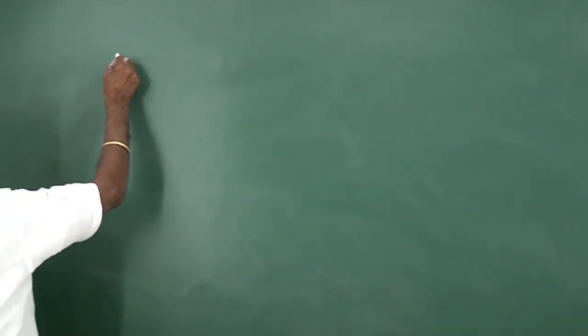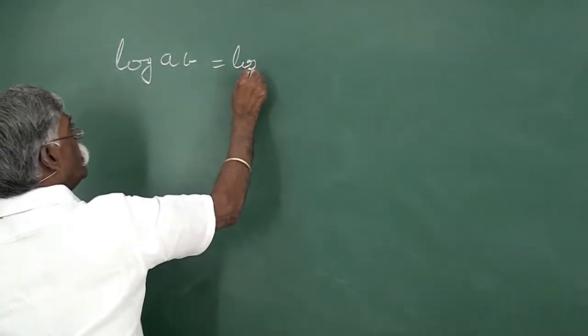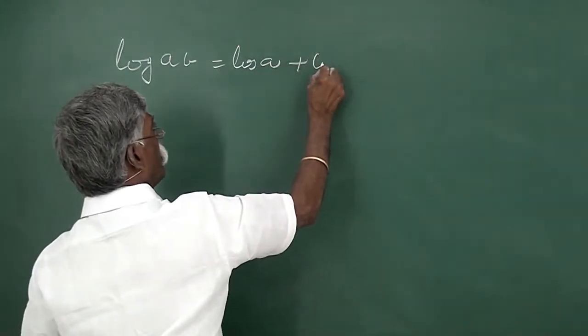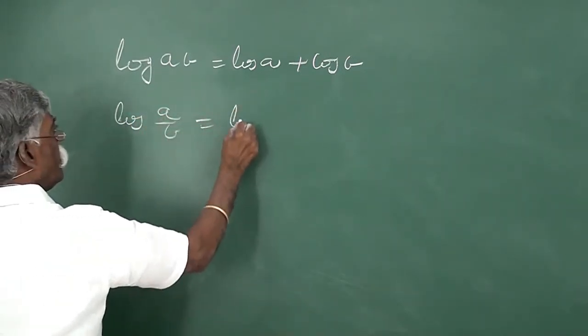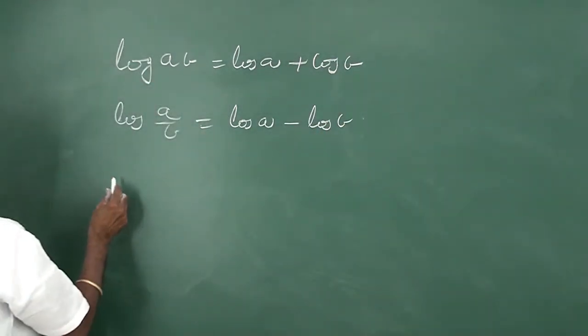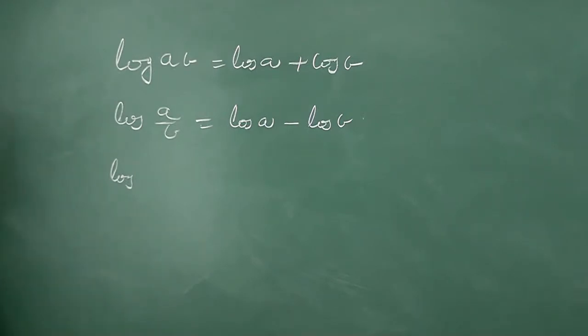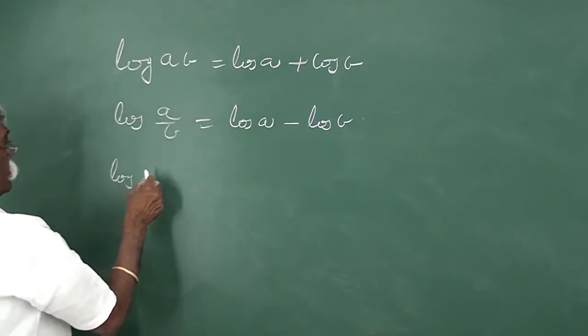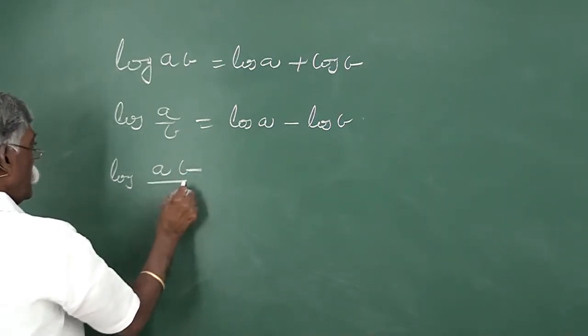So from this, we know that log AB is log A plus log B, and from the second result, log A by B is equal to log A minus log B. And now consider the logarithm of AB by CD.